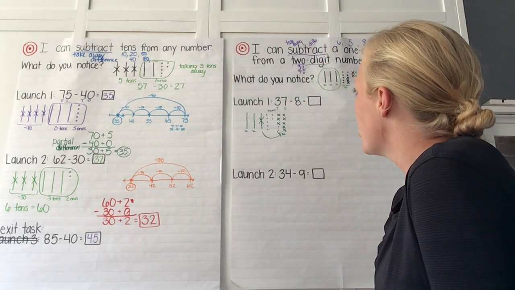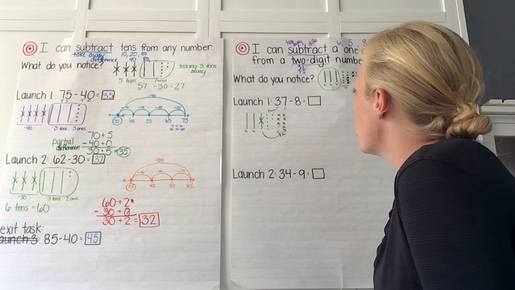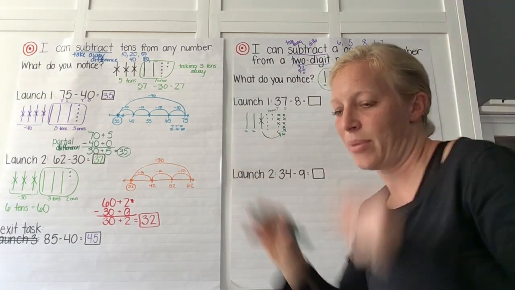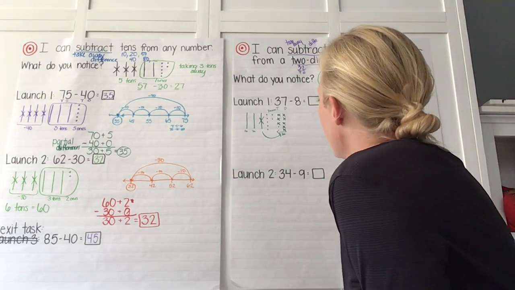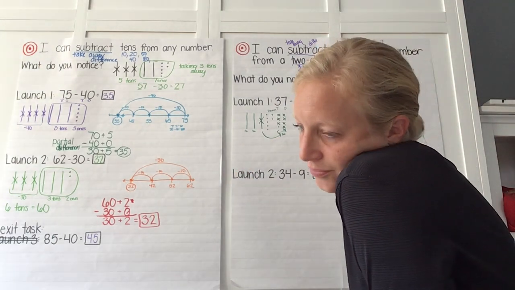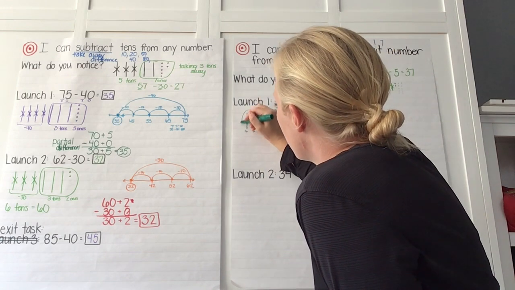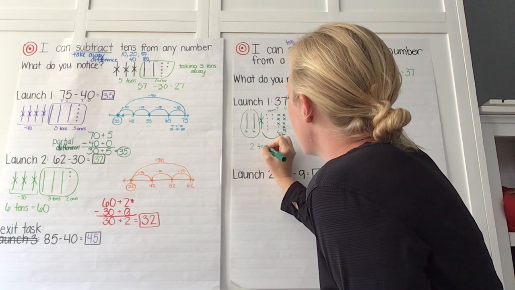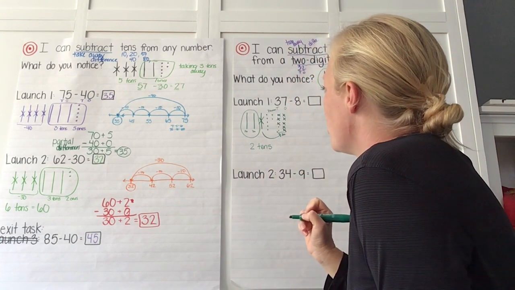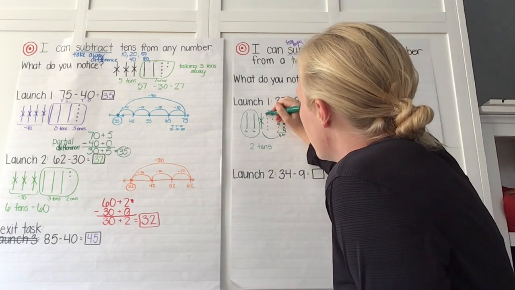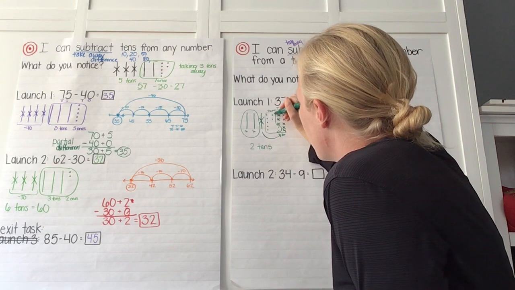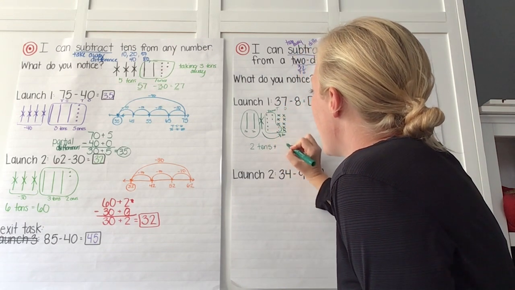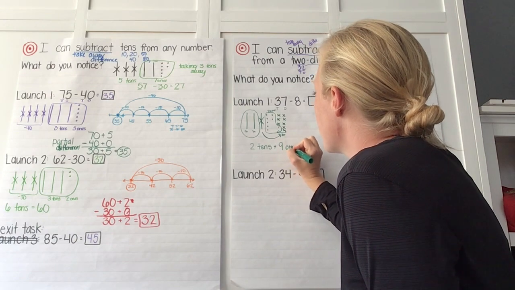Okay? So you had your 37. You took away your 8 after you broke apart your 10. Busted up, right? And what did you have left? You see your 2 10s. And how many 1s did you have left? Your 7, 8, 9 ones.